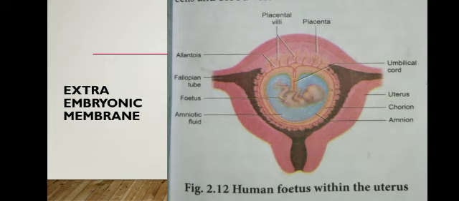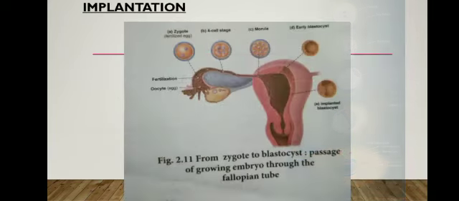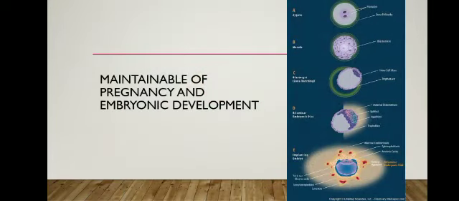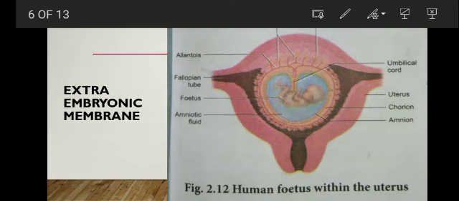The next one is the allantois. This is the allantois, its name is given here. The allantois forms a small outpocketing of embryonic tissue at the caudal end of the yolk sac.